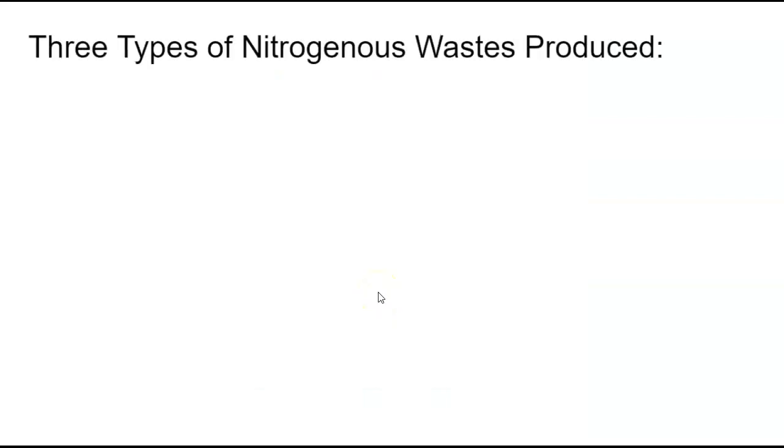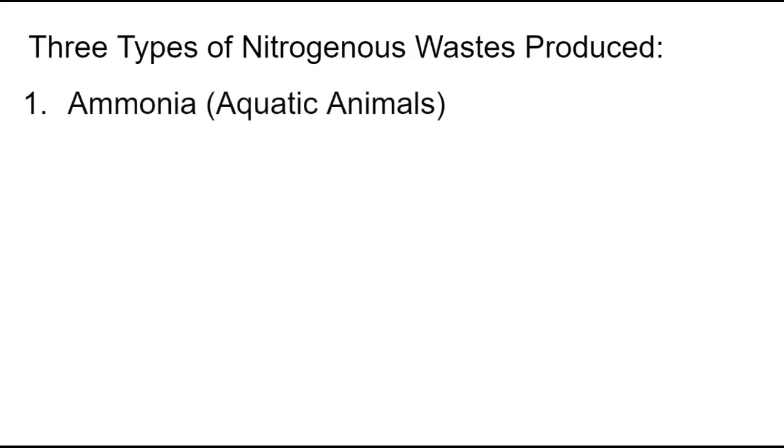So let's go ahead and write this down. There's different types of waste produced depending on what kind of organism you are. So ammonia, remember that's the really simple one? That's what the fish produce, so aquatic animals. Mammals produce urea.